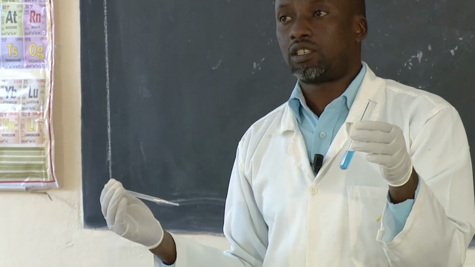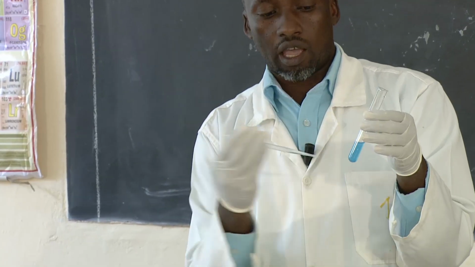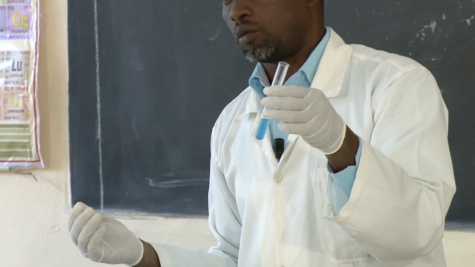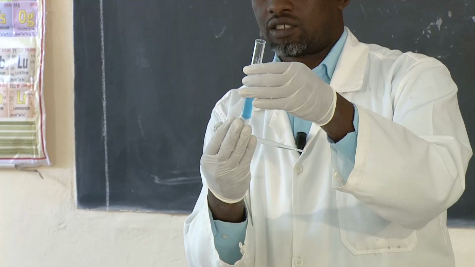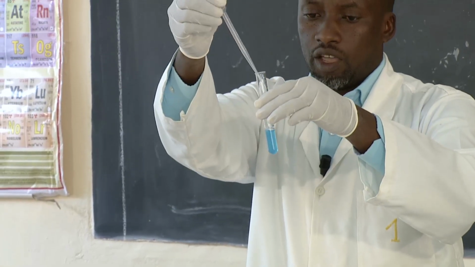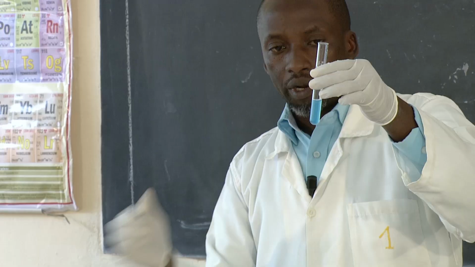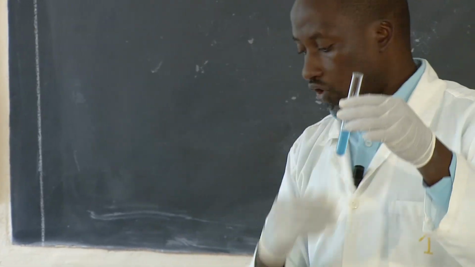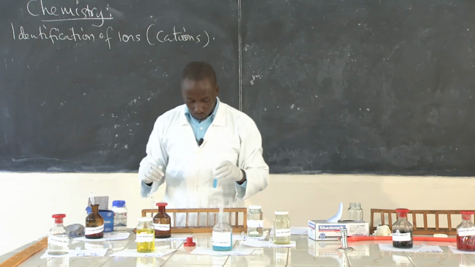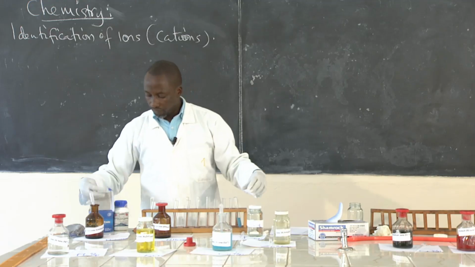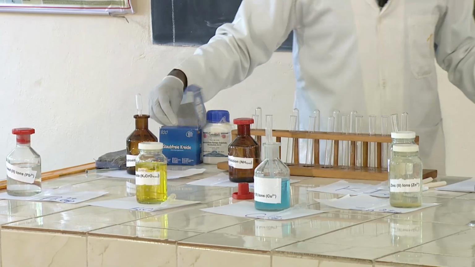If the precipitate disappears, then we say it is soluble. If it persists, like here, if I put excess, the precipitate here is insoluble. This is what happens with the copper 2 ions.